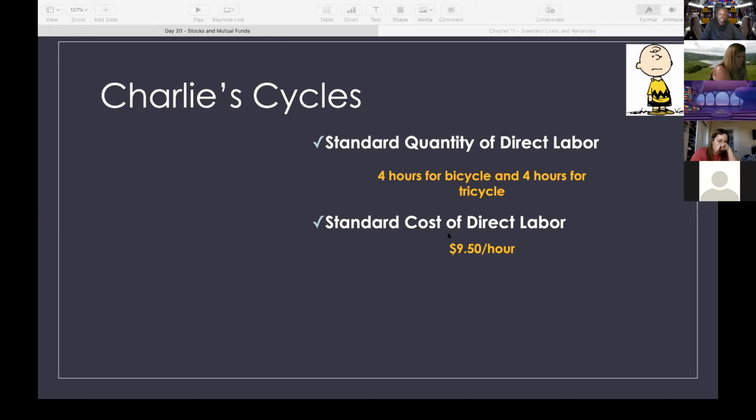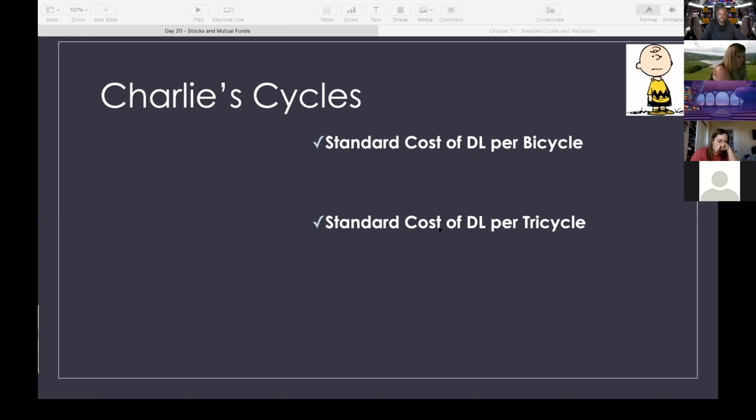You definitely had a different standard cost. But we're just going to focus on Charlie Cycles. So again, the first thing we have to figure out is what's our standard cost for every bicycle and every tricycle that we make. What do we expect to spend in direct labor? So for the bicycle, oh, here we go again.